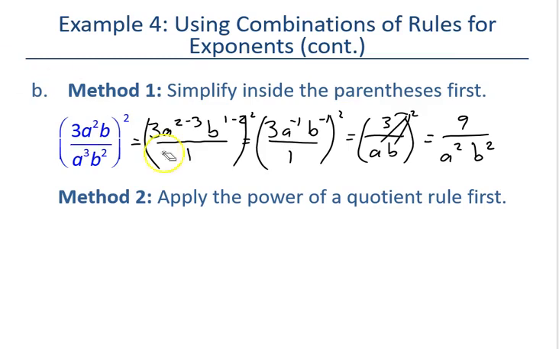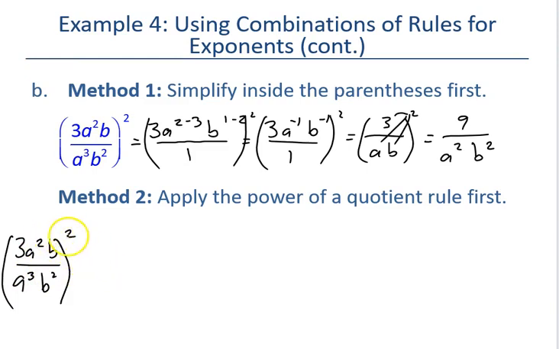We're going to go ahead and apply the quotient rule first. Let's come in here where we read our equation. We've got 3a squared b, all over a to the 3rd b squared, all raised to the power of 2.